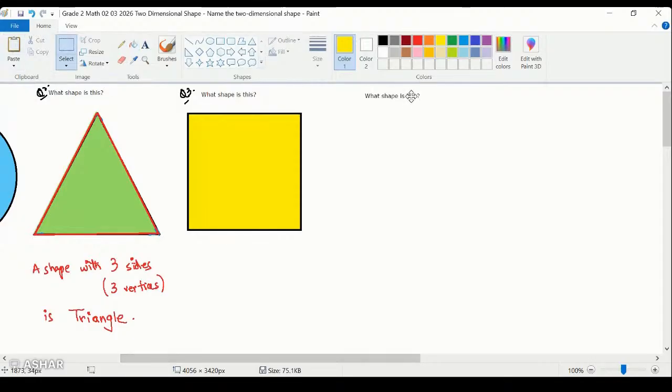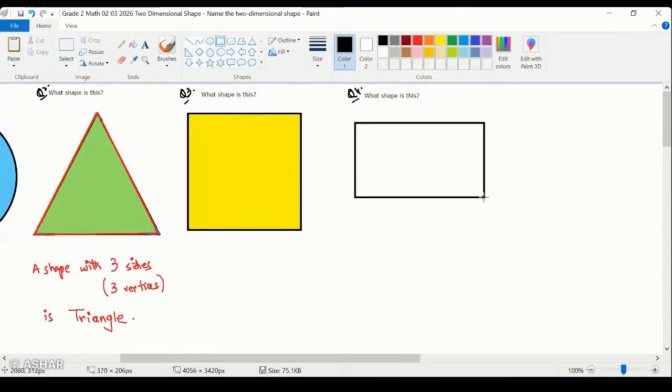There's a difference between question number 3 and question number 4, and I'll show you the difference. So what is the name of the shape in question number 4? Okay, let's do question number 3 first.